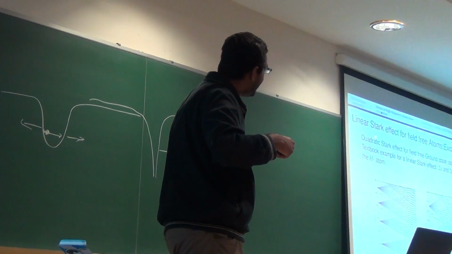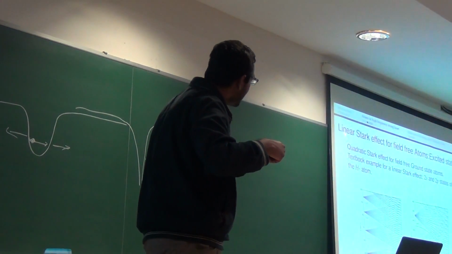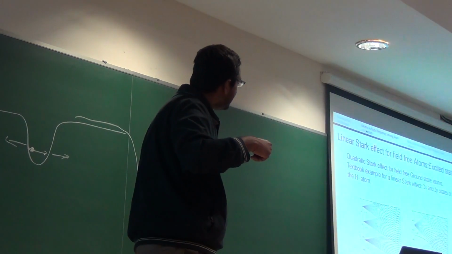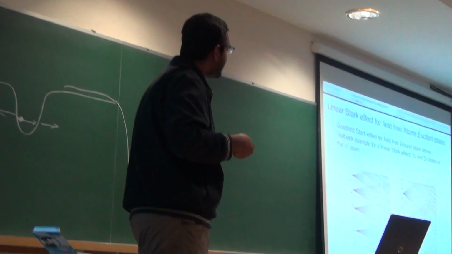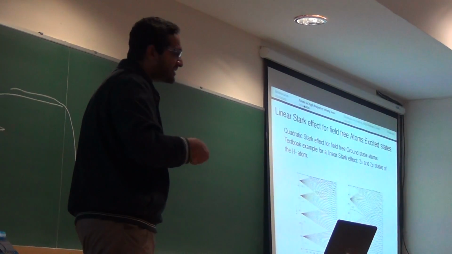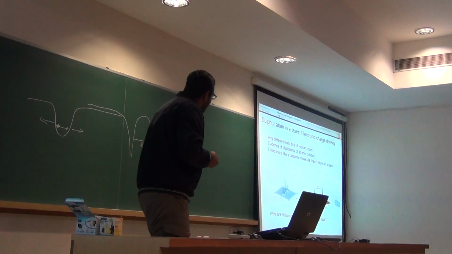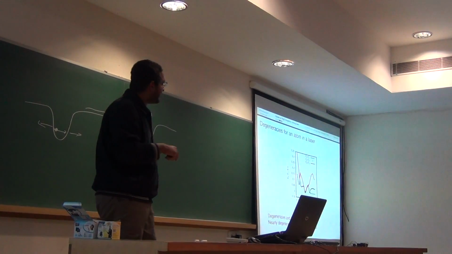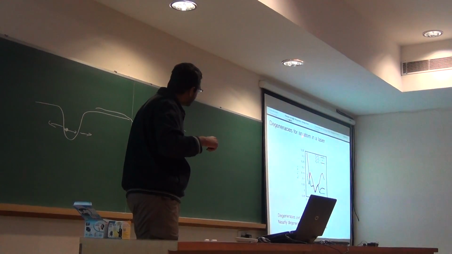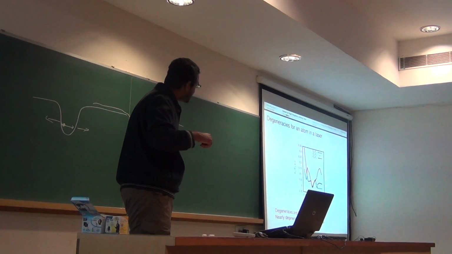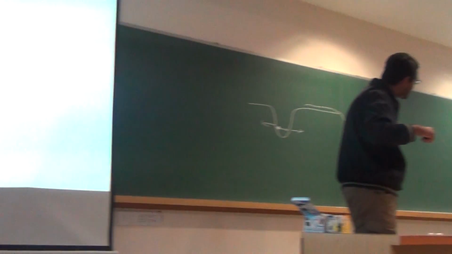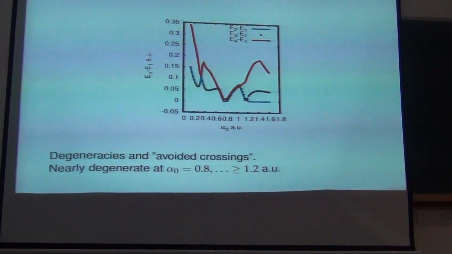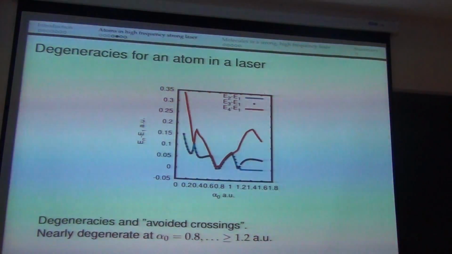But in the case of field-free ground state atoms, which don't have a permanent dipole moment, there is a quadratic Stark effect. So these are the energies for the sulfur atom as a function of the varying laser parameter.